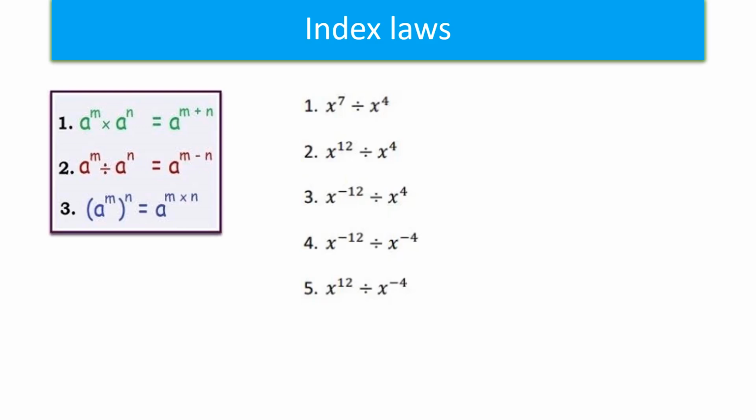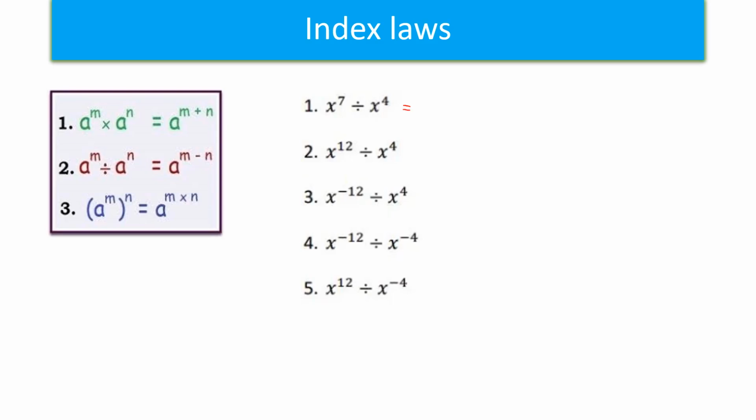Another rule that we need to look at involves division. This time when you have two terms with the same base that you want to divide, you need to subtract the powers. Again, I'm going to write out the first example just to show you why we take away the powers.